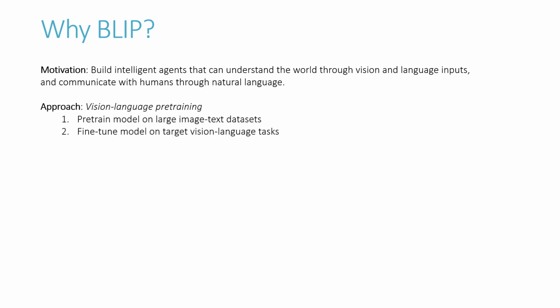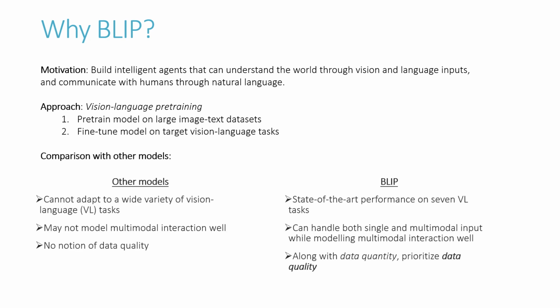In this regard, vision language pre-training has emerged as an effective approach where deep neural network models are pre-trained on large-scale image text datasets to improve performance on downstream vision language tasks such as image text retrieval, image captioning, and visual question answering. Without pre-training, the model needs to be trained from scratch on each downstream task, which leads to overfitting and degraded performance.